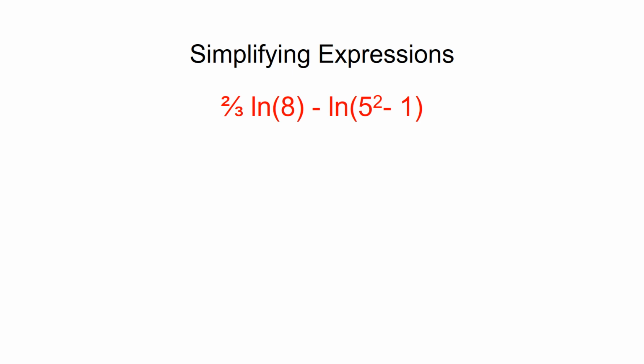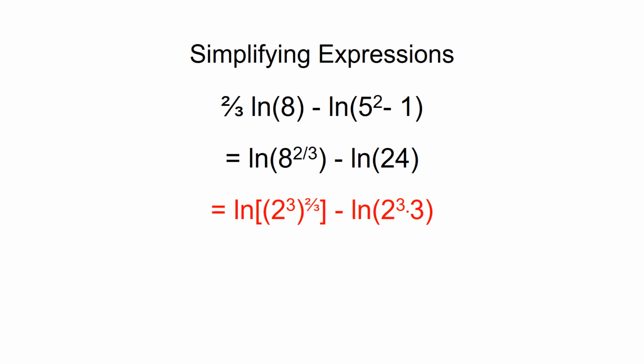Now let's look at another expression. Here we have 2/3 times the natural log of 8, and from that we're subtracting the natural log of 5 squared minus 1. The first term we want to take that 2/3 and place it inside the natural log expression. And now we have the natural log of 8 raised to the 2/3 power. The second term becomes the natural log of 24.